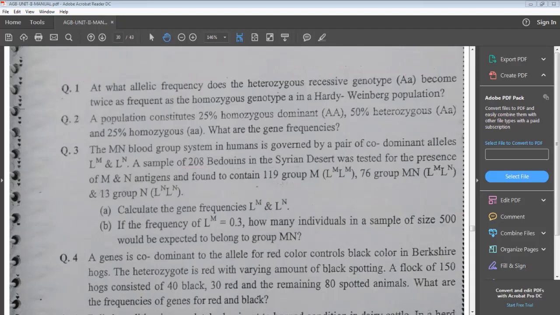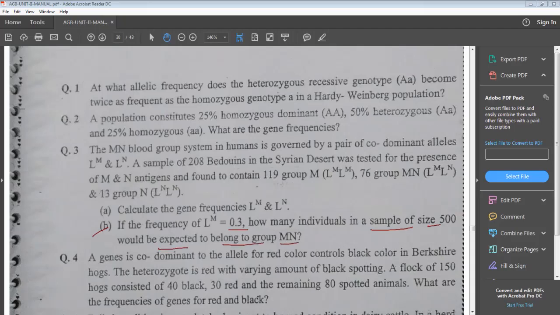Okay, now in our next step, as we had calculated, LM is 0.755 and LN is 0.245. But in this second situation, if they are saying that the value of LM is 0.3, how many individuals in a sample size of 500 will have the MN blood group?